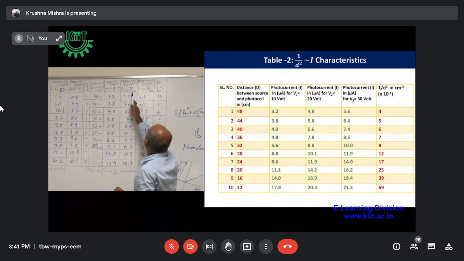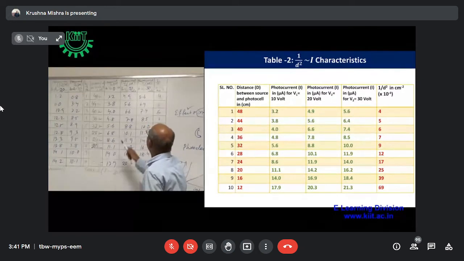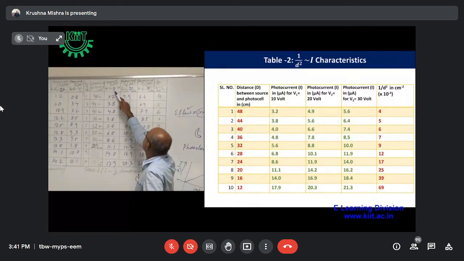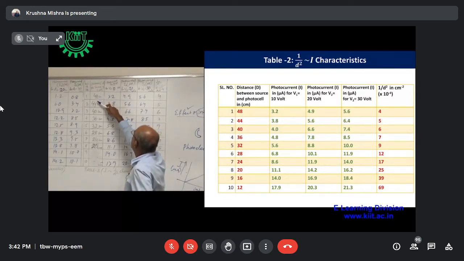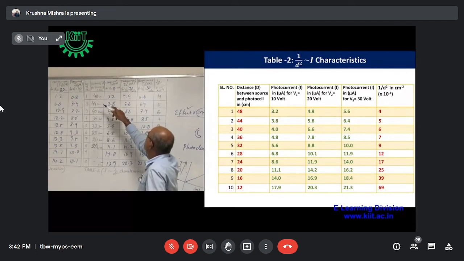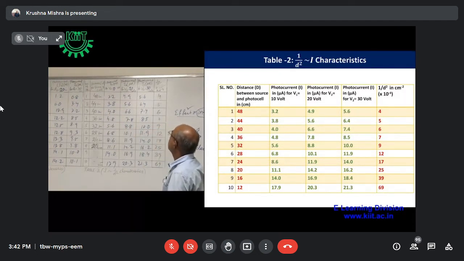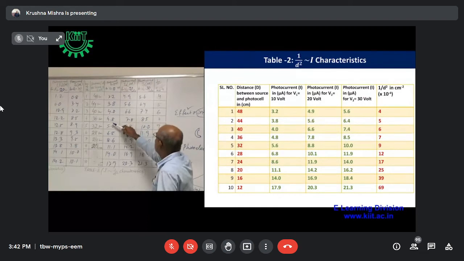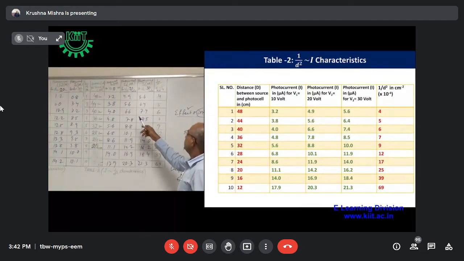When voltage is increased, the photocurrent gradually increases. For a constant voltage between the two electrodes, by fixing the frequency of light, we are changing the intensity of light by changing the distance between source and cell, and the photocurrent gradually increases. So it clearly indicates that photocurrent is proportional to the intensity of light.